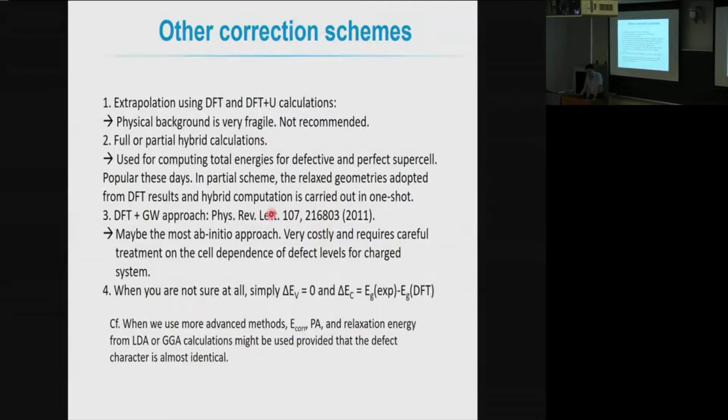But if this method is too computationally expensive, then you can use the relaxation energy or the geometry from a less expensive method like LDA or GGA calculations, use the same geometry or the correction energy, and repeat the calculations using hybrid calculations in one shot. Then it will be much more doable.